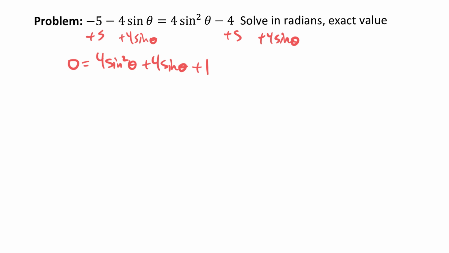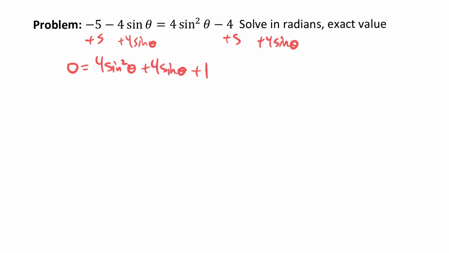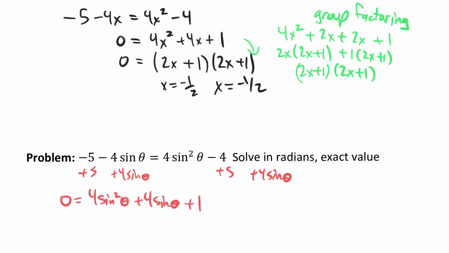So we need to kind of solve this equation, and hopefully you see a connection here. This equation looks a lot like this equation. We have a 4x squared plus 4x plus 1. We have a 4 sine squared theta plus 4 sine theta plus 1. You should see a little connection here.